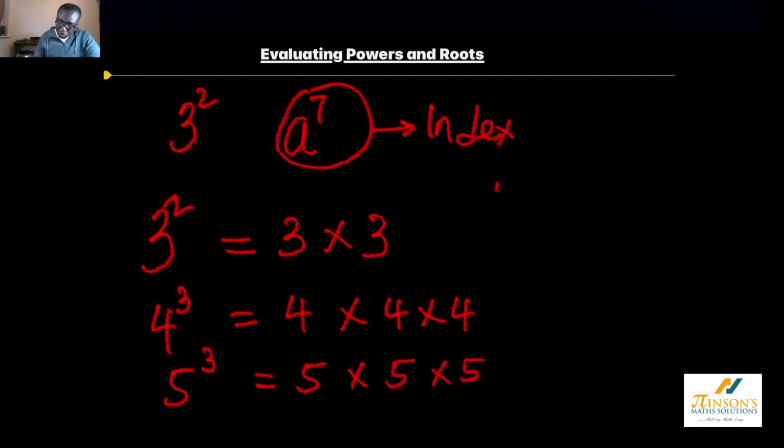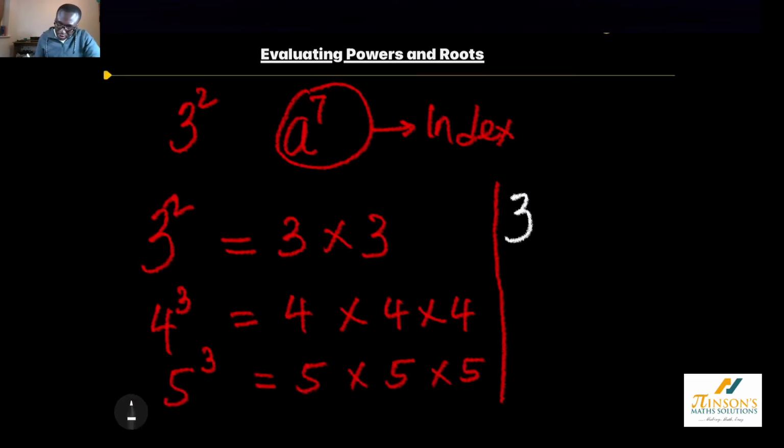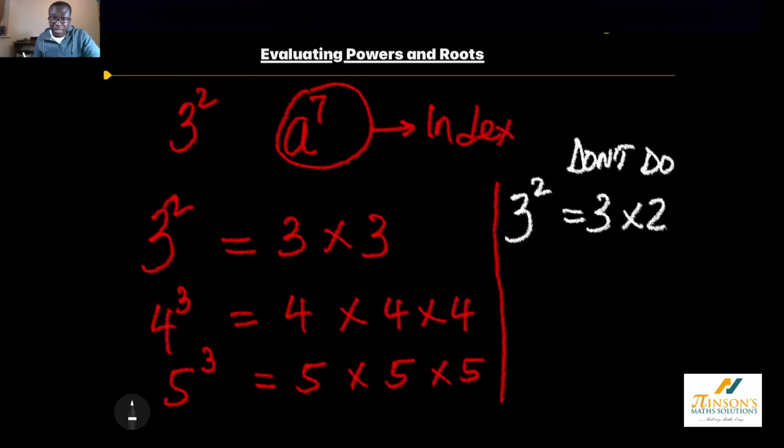One of the things not to do in maths, I call them the not to do bits, is where a lot of students think 3 squared is 3 times 2. Please don't do that. We call it mathematical crimes.